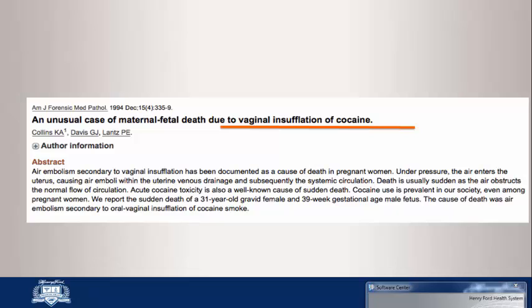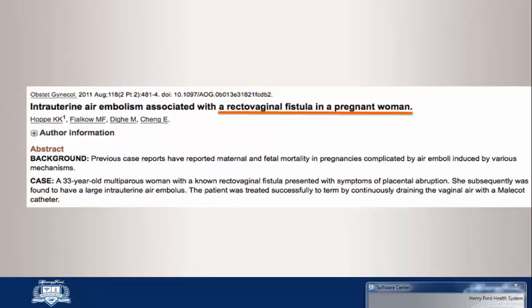They went through the whole pregnancy just for the last day to do something stupid and then die. Sometimes it's caused by medical conditions like rectovaginal fistula. This woman had it before pregnancy, and she presented with placental abruption and air embolism.